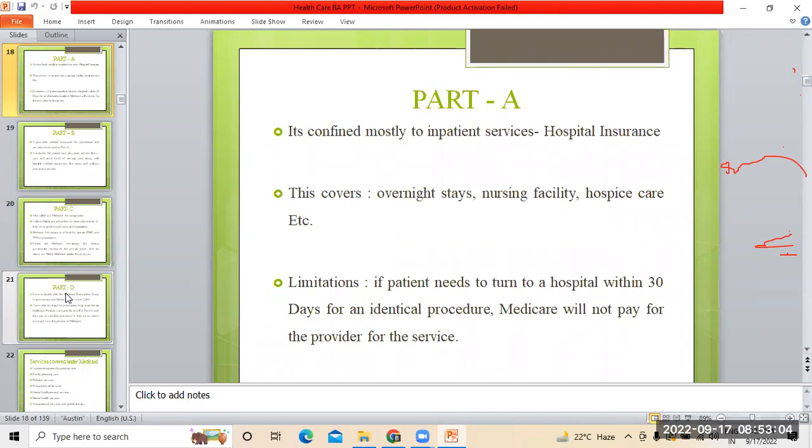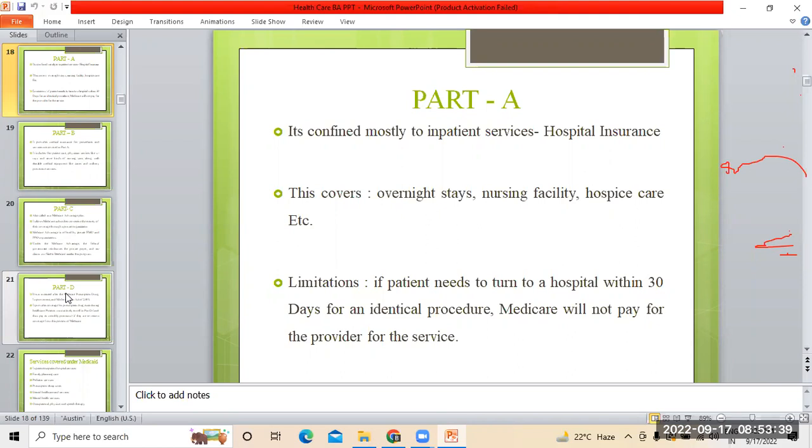At the same time, nursing facilities and hospice care are covered under that. The limitation is the stipulated time. It is applied only one time, not all the time. This is one thing we have to see.